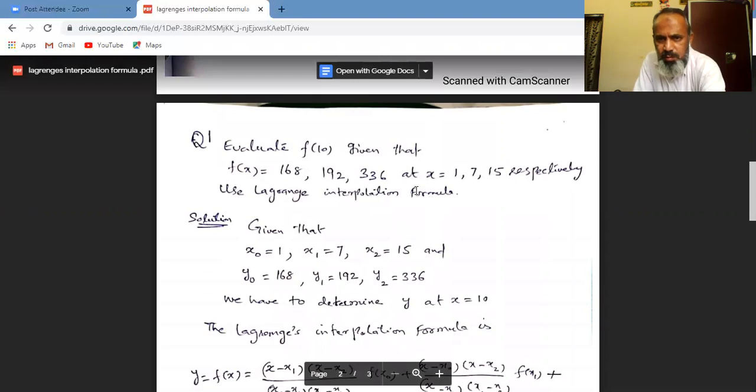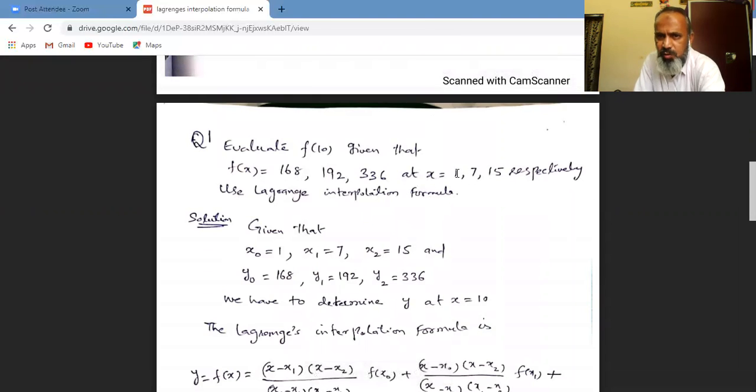So we assign these values: x0 is 1, x1 is 7, x2 is 15. The corresponding values are y0 is equal to 168, y1 is equal to 192, and y2 is equal to 336.